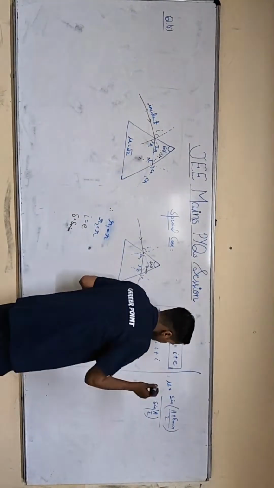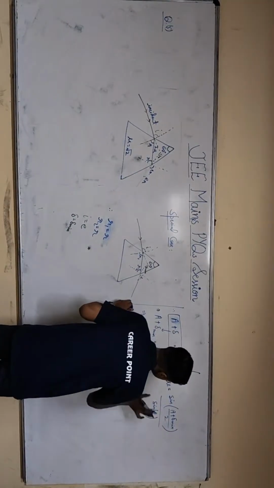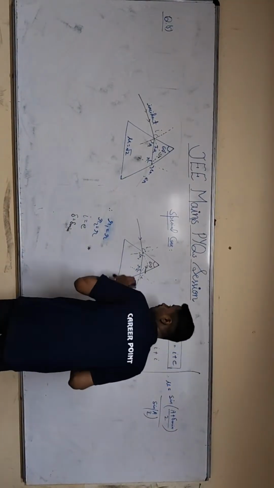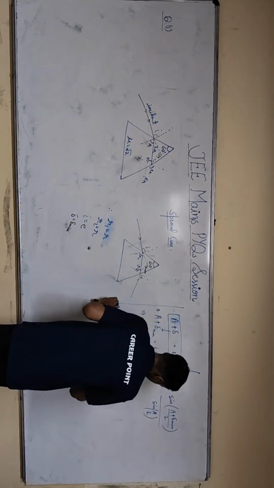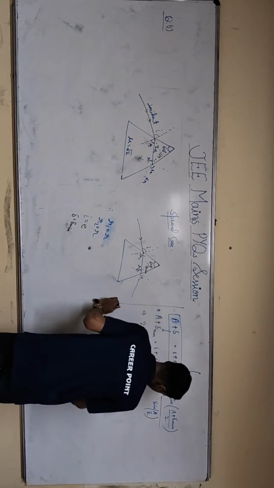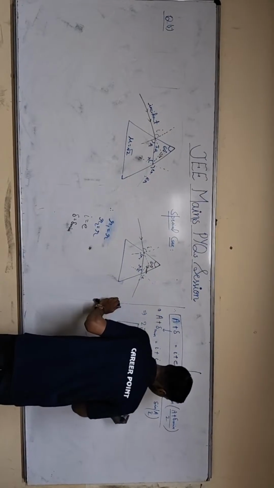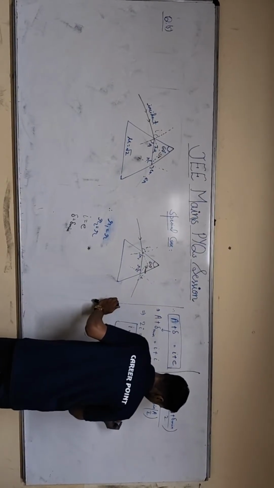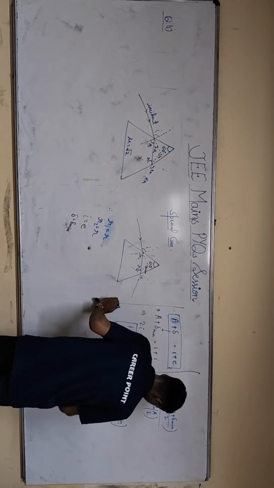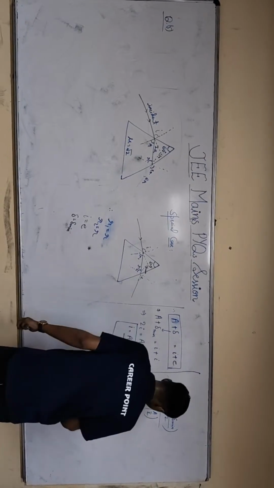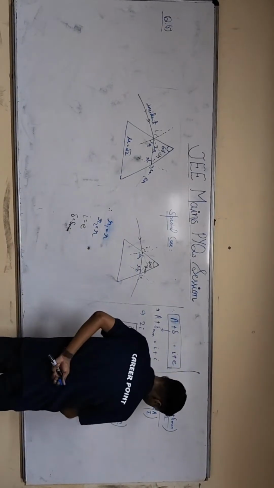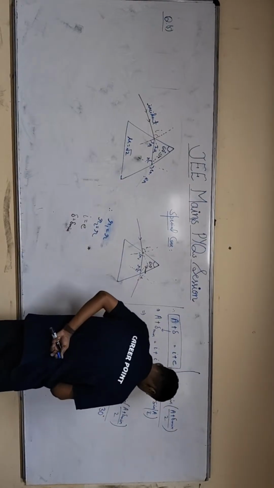So put the value here, and we also have the value of refractive index, that is √2. Don't change this format: sine of A by 2, where A is 60, so 60 by 2 means 30 degrees. As you know, sine 30 degrees is 1/2.